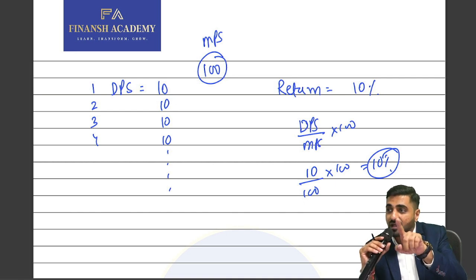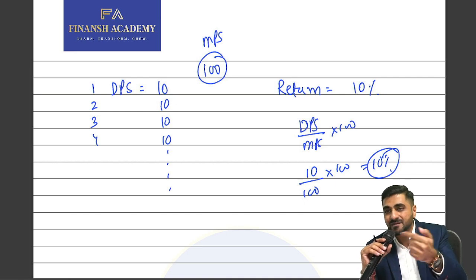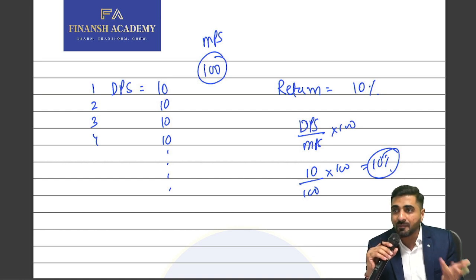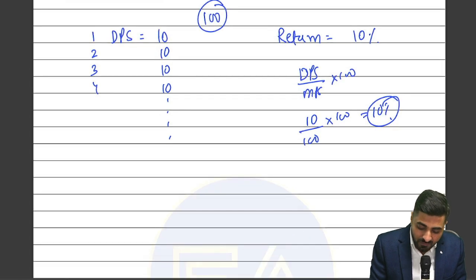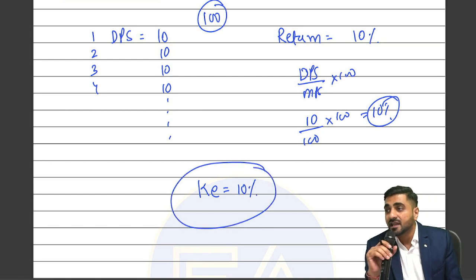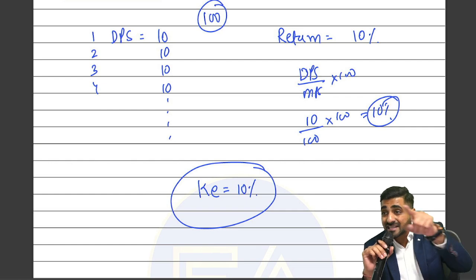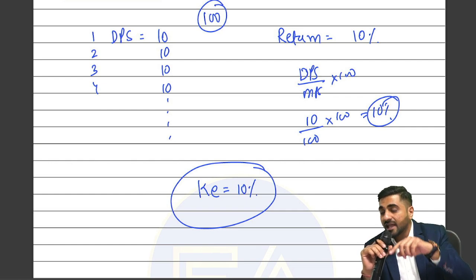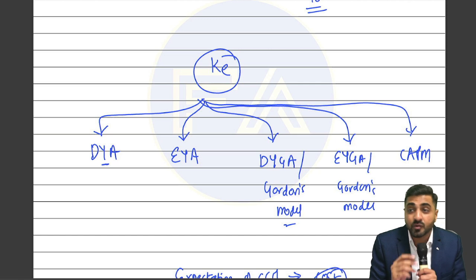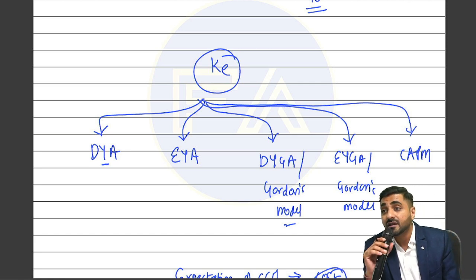Your expectation from the company is 10%, and your expectation becomes my cost. So if you are expecting 10% from me, can I say that for me the cost of equity automatically becomes 10%? So KE always needs to be calculated from the expectation of equity, and that's why you will see the name of the approach, dividend yield returns.